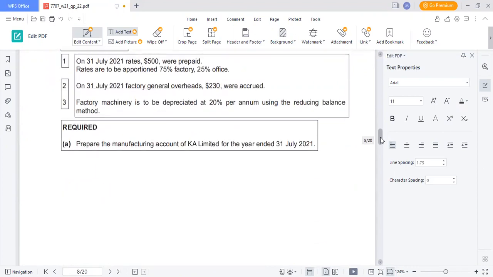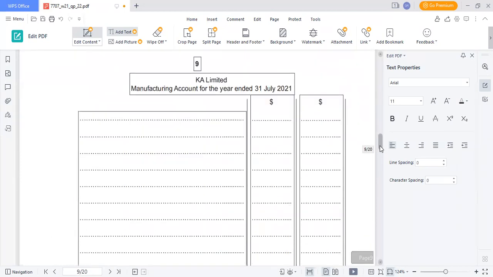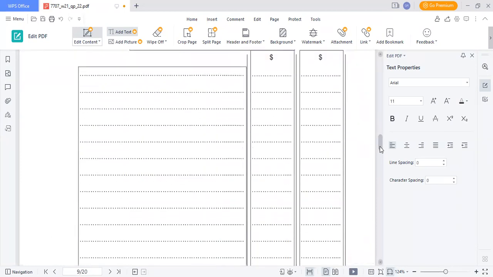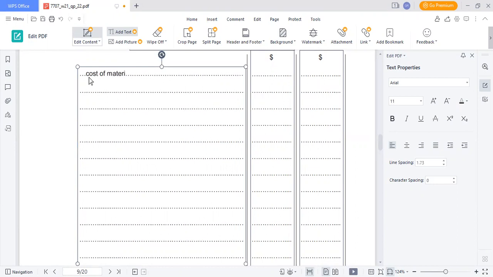Okay, we are required to prepare the manufacturing account of KA Limited for the year ended 31st July 2021. So for that, we need cost of material consumed. This is the heading.